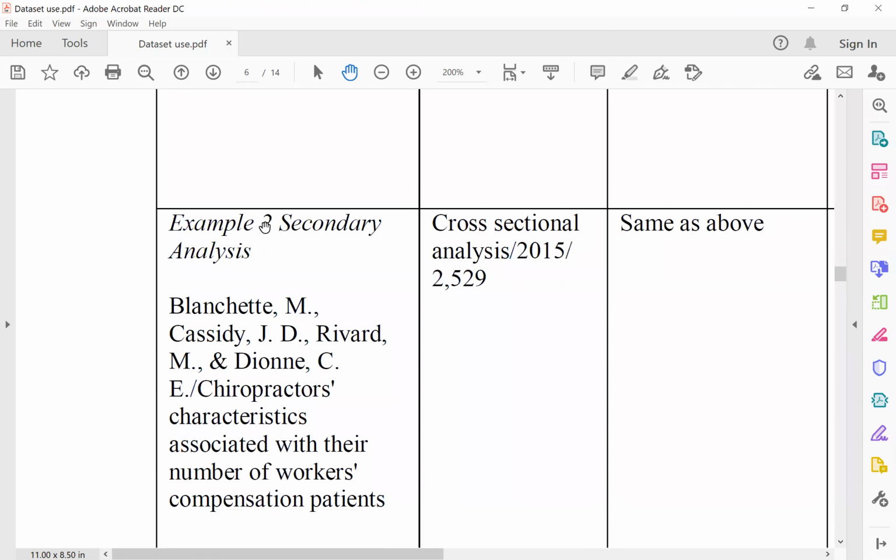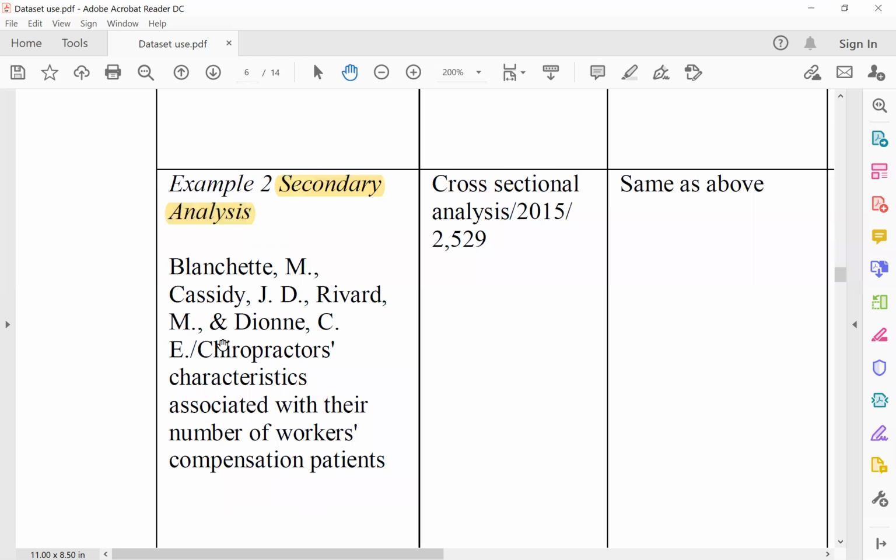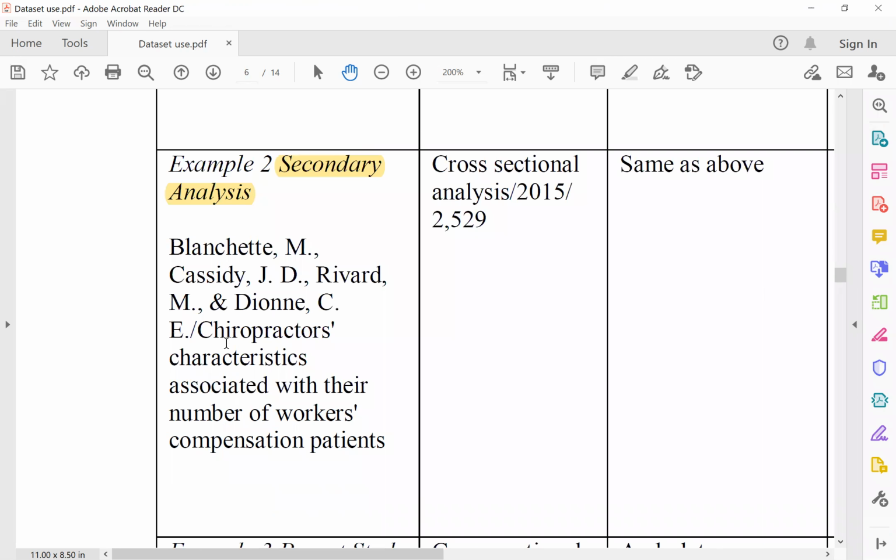The secondary analysis looked at chiropractors' characteristics associated with their number of workers' compensation patients.